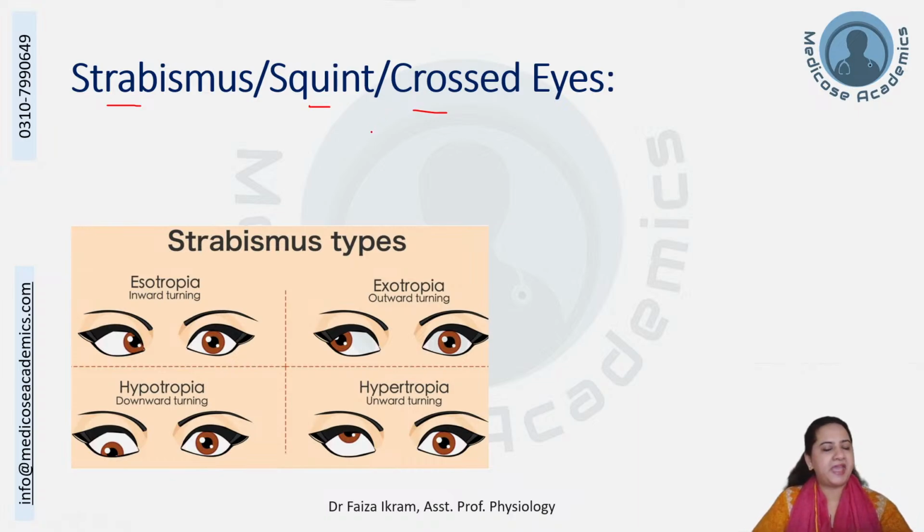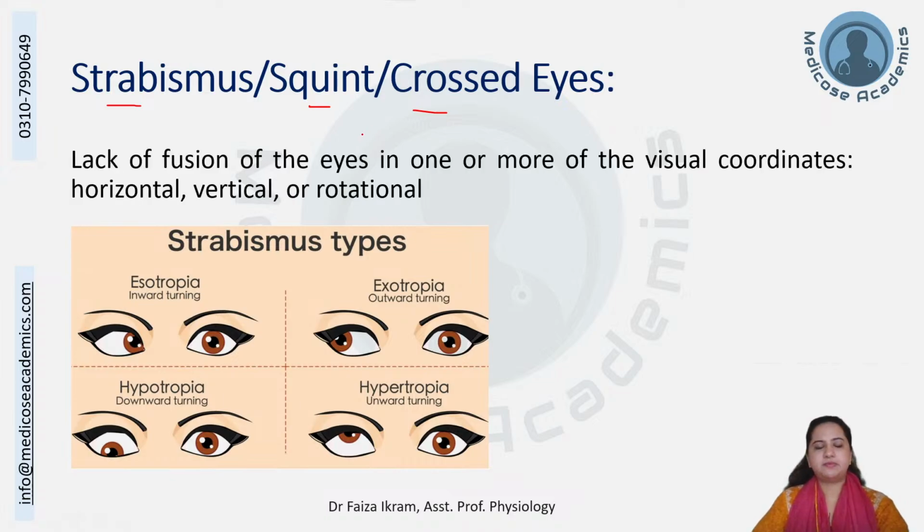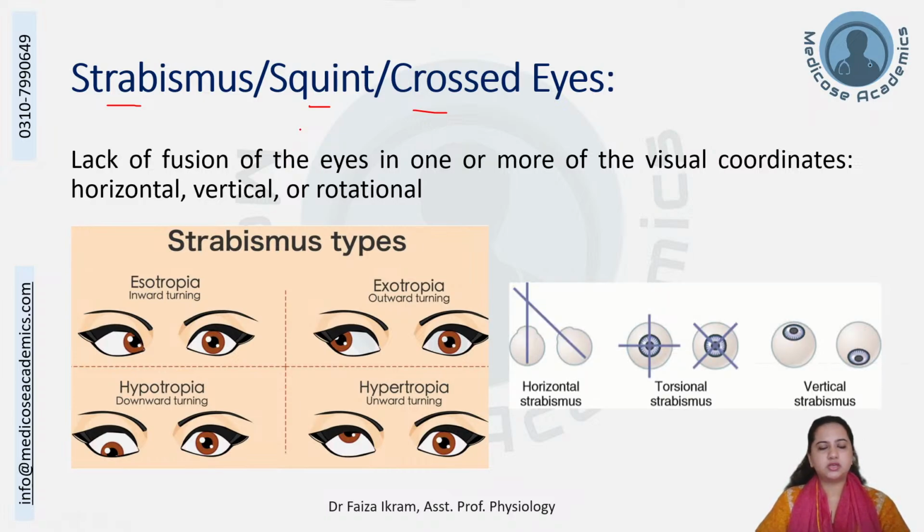In Urdu, we call it bhengapan. What happens is there is lack of fusion of the eyes in one or more visual coordinates, maybe vertical, horizontal, or rotational. One eye has fixated on what you want to see, and the other eye is wandering in another quadrant. That leads to strabismus.